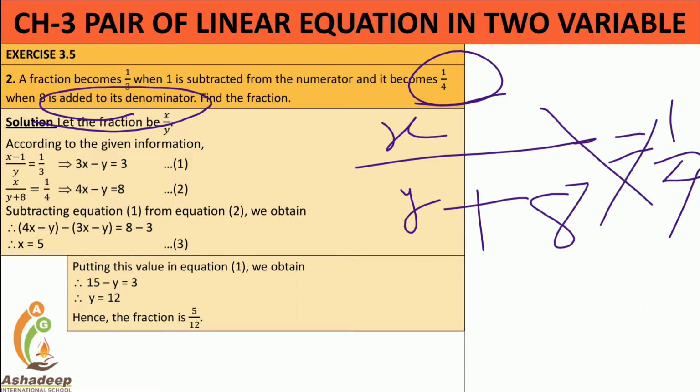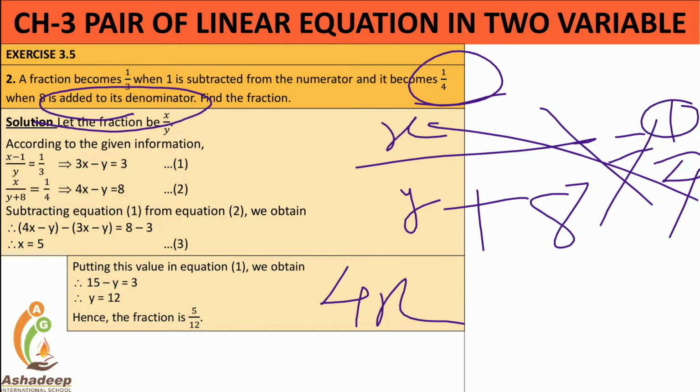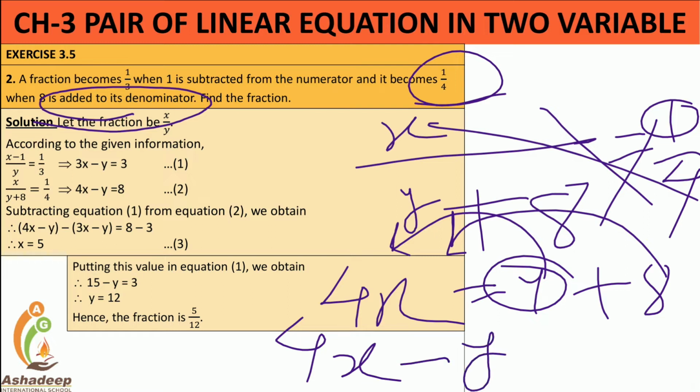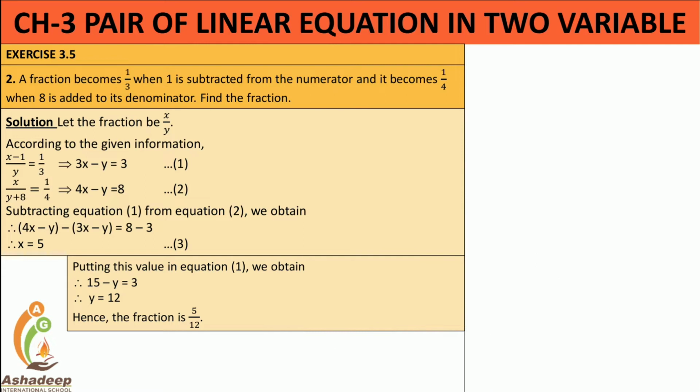Now once again, cross multiplication. 4 into x is 4x. Multiplying anything with 1, the answer remains the same. So it is equal to y plus 8. Now 8 goes to the other side, it becomes minus, right? In the same way, y goes to the other side, it becomes minus. So 4x minus y is equal to 8, right?